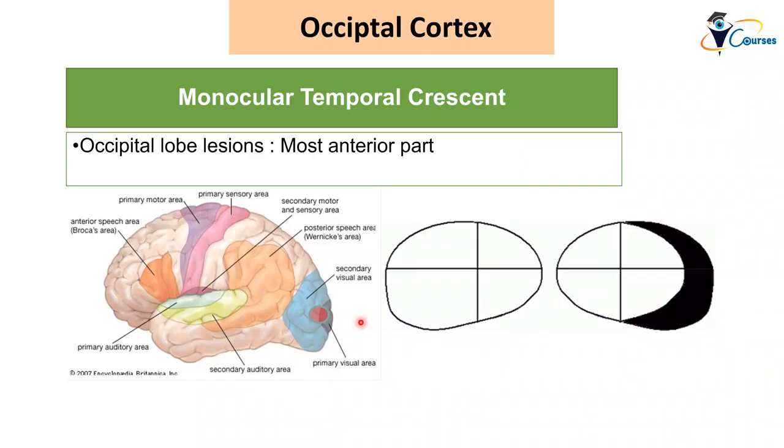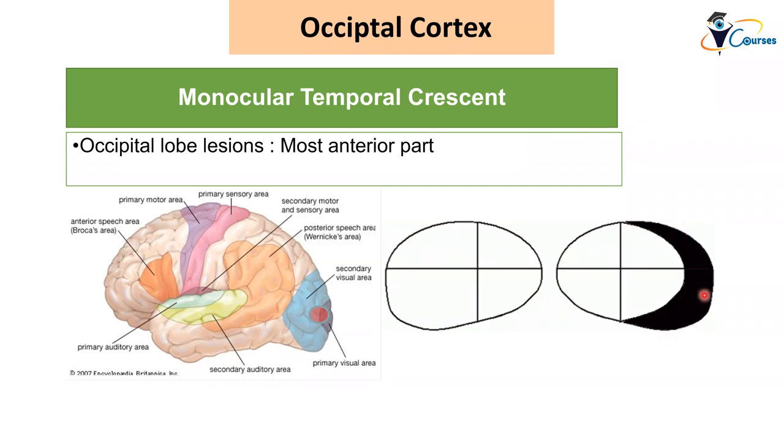So what will be the reason behind this monocular temporal crescent? This lesion involves the far temporal periphery of the ipsilateral eye only. So if there is involvement of the right eye, there will be involvement of the right temporal 30 degrees only.